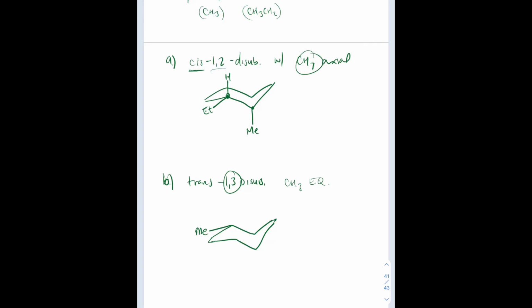So let's put it, where do I want to put it? I'll put it here. All right, so the trans means that if this methyl group is down, that means our ethyl group needs to be up. And so at this particular carbon, if it's up, it's an up C. That means the up position is an axial position, and therefore our ethyl group looks like that.